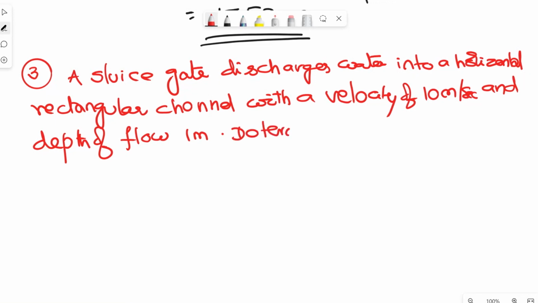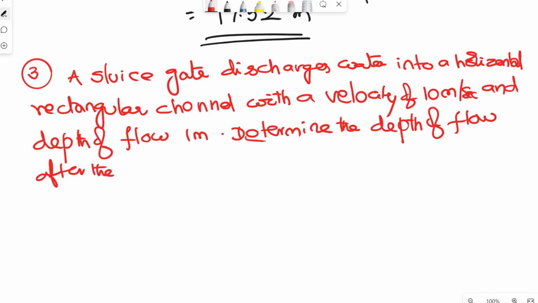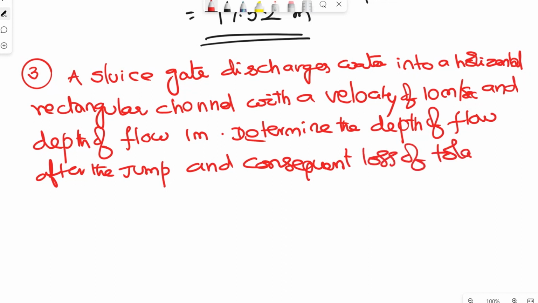Determine the depth of flow after the jump and the consequent loss of total head. Loss of total head, that's it.